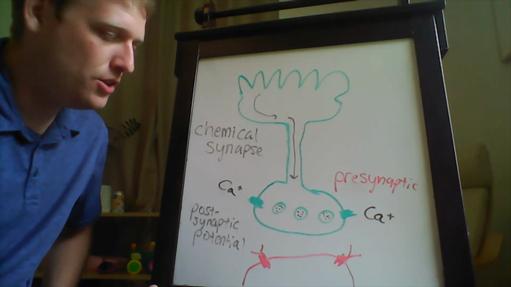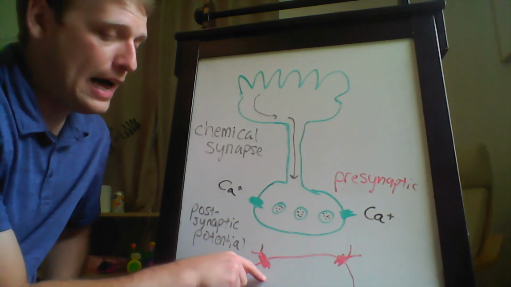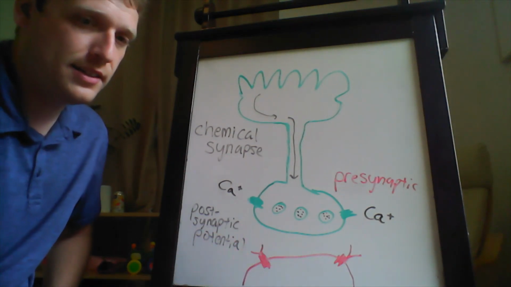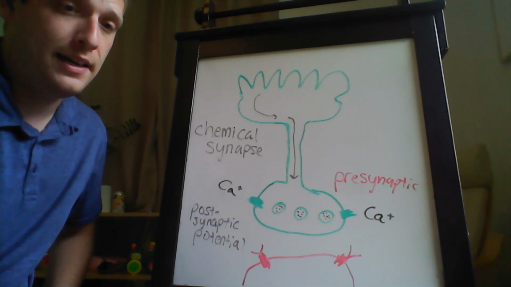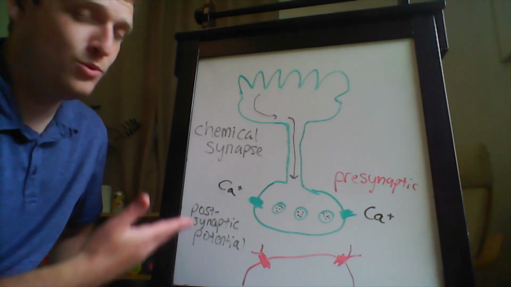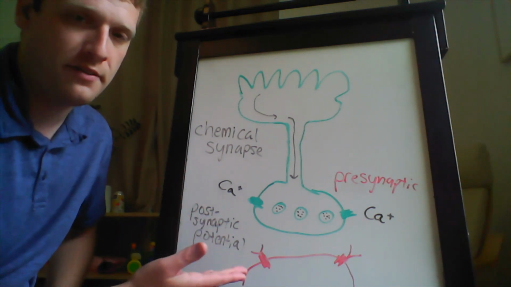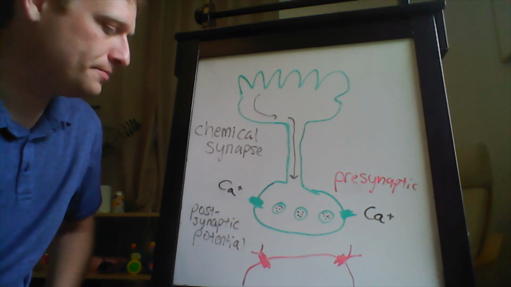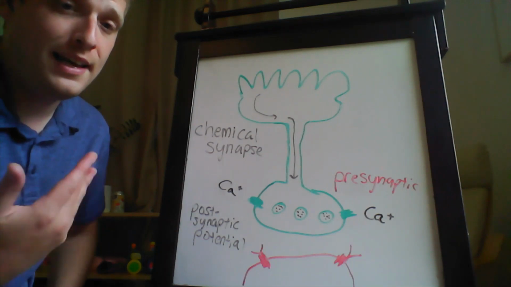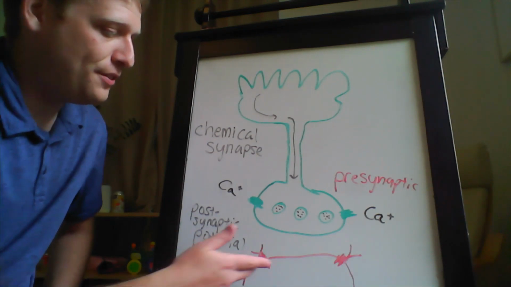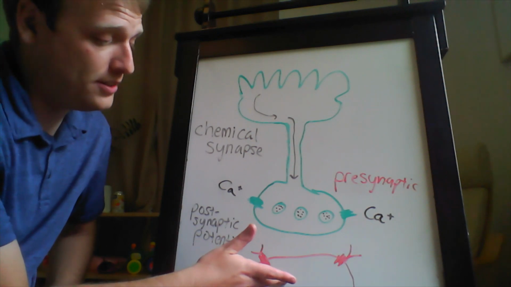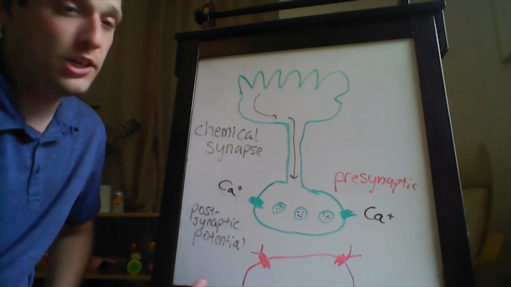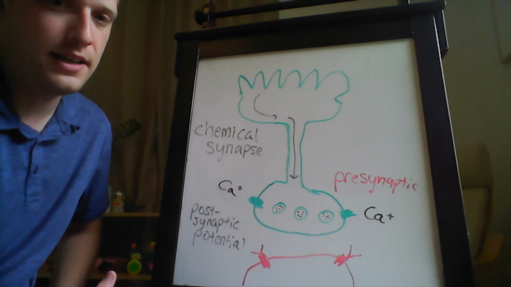And what that's going to do is either allow positive ions to flow into the cell that's receiving the signal, and that would be an excitatory thing. If you depolarize the cell by allowing positive ions in, that's exciting this second cell in the chain. It can also be an inhibitory effect if the result is for positive ions to leave the cell, or to hyperpolarize, or to cause negative ions to flow into the cell.